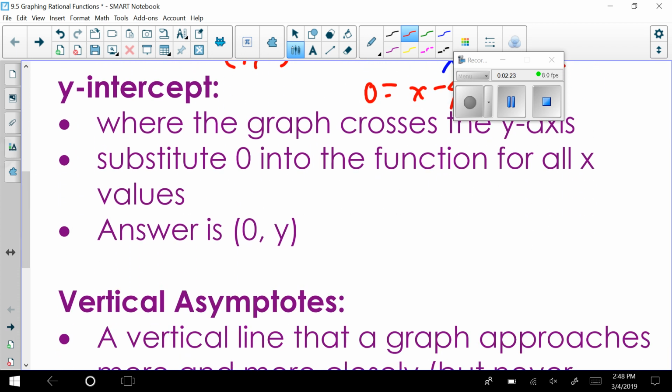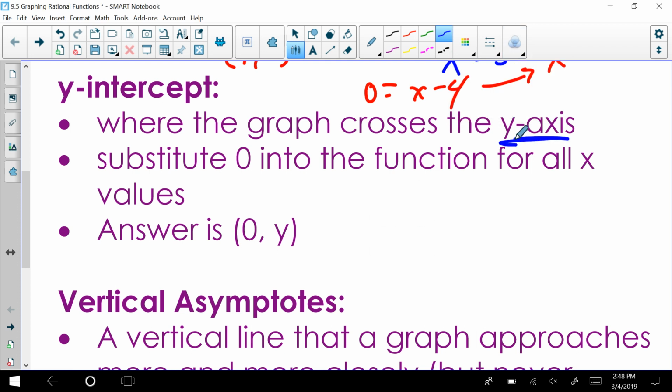Y-intercepts then is where it hits the y-axis. This is where the y-axis is crossed, which means that x here is 0. We've done this many times. This is where we substitute 0 in for all of the x's.